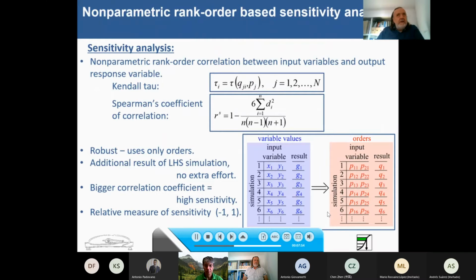So a very simple and straightforward technique of sensitivity analysis is non-parametric rank order based sensitivity analysis. It's based on non-parametric rank order correlation between input variables and response variable. It uses already invented statistics like Kendall-Tau or Spearman coefficient of correlation, right?